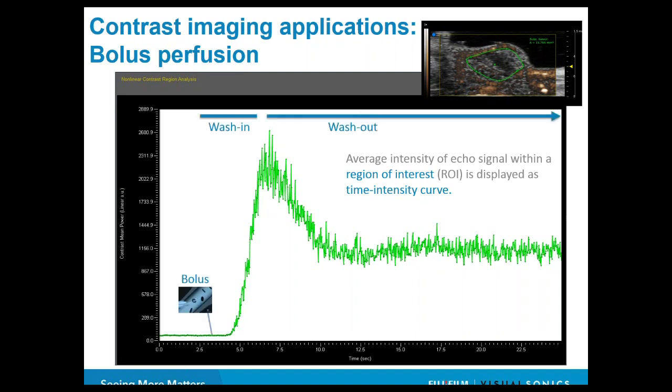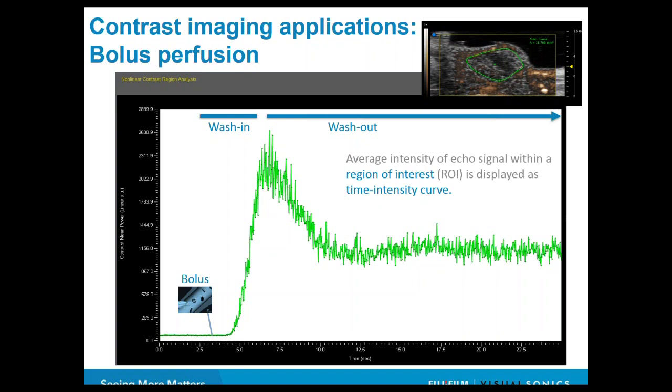As you can see, this time intensity curve can be divided into 2 phases. After the bolus, we first have a wash-in phase, and we reach a sort of peak. And then gradually we have wash out, a bit steeper in the beginning, and then it looks like we are reaching a plateau, but this is because this is a rather short time span we are looking at.